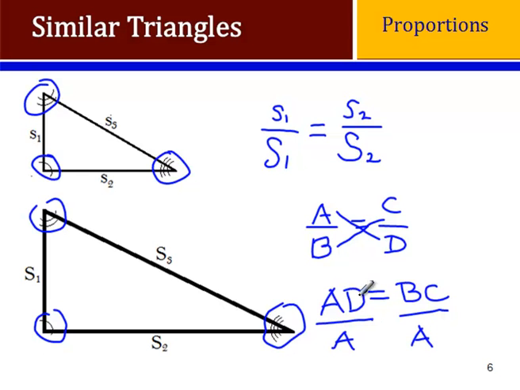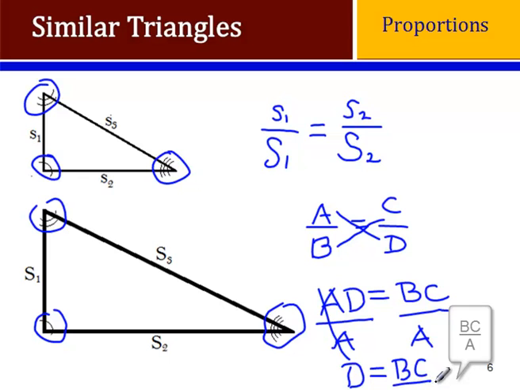For example, if I wanted to find D, I could divide by A, and then this calculation of B times C divided by A could give me the value of the length of side D. Now this will make more sense when we do one with some real numbers.